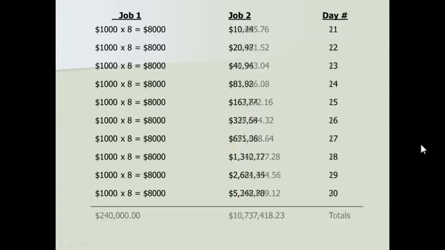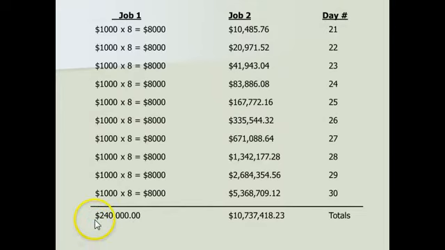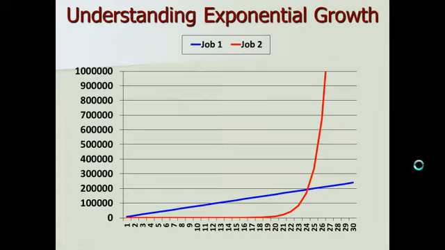But look what happens over the next 10 days. At the end of the 30 days, this person has only made $240,000, while this person has brought home $10,737,000 and some change. So while it seems incredible, that is the power of exponential growth.